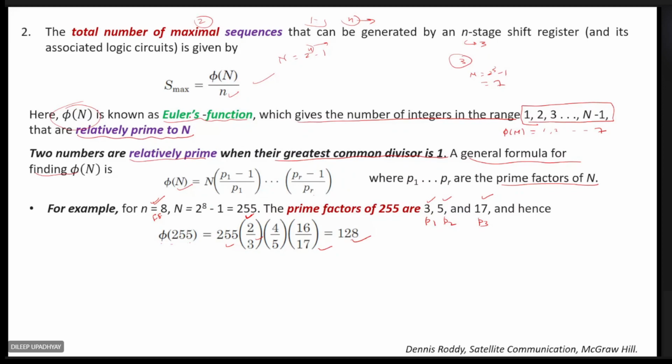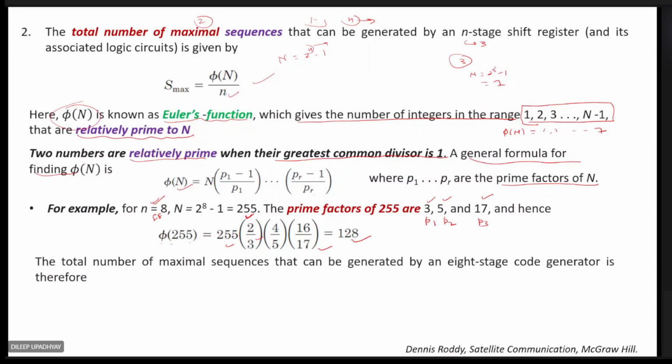Now, how can we calculate S max? It is phi N, which is 128, divided by small n, which is 8. Dividing 128 by 8, we get 16. That is, 16 maximal sequences are possible.